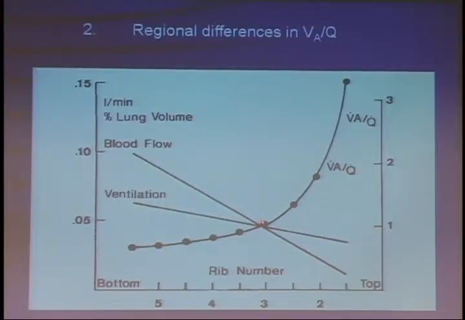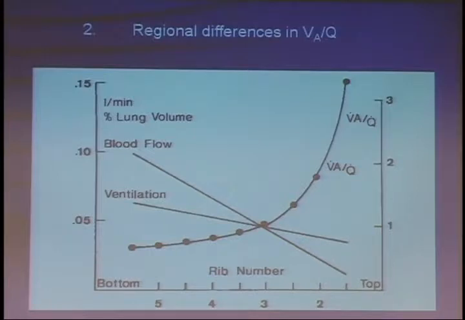Then when the 2 lines cross each other, we're still putting ventilation in the numerator and perfusion or blood flow in the denominator, and so now the ratio becomes greater than 1. And it's just the nature of the math. When you take a ratio of two linear functions, you get this curve.